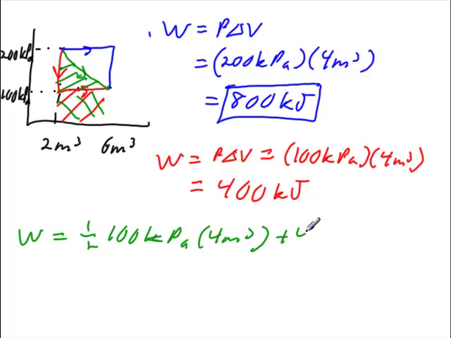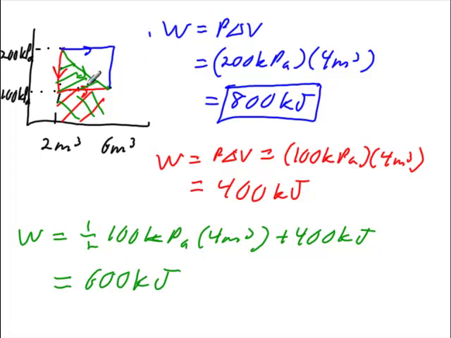And then I add on the 400 kilojoules I have because of the red rectangle underneath. And that gives me 200 kilojoules plus 400. I get a total of 600 kilojoules.